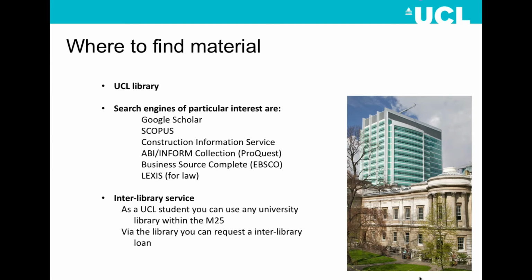Also, you will have access to different search engines which are of particular interest for research. Maybe you are already familiar with Google Scholar or Scopus, but there are many others, such as Construction Information Service, Business Source Complete, API Collection, etc.